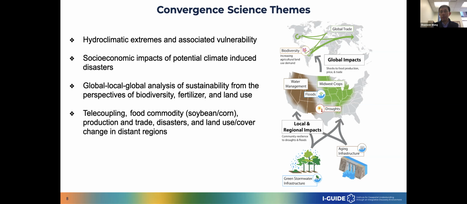So this is sort of the major science driver we're going after here. I'm not going to go through the other themes listed on this slide, but you could tell this is not just local, but regional, yet national, even global interconnections. We're hoping to represent, model, and even predict such changes.